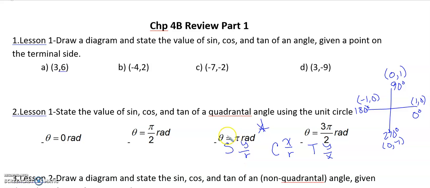Okay? So for 180 degrees, or pi radians, the sine would be y over radius of 1. So 0 over 1, which makes sine 0. Our cosine would be our x value over 1, which gives us a cosine of negative 1. And the tangent would be our y over the x value, which gives us a tangent value of 0. So go through and finish the other 3 that are listed here. Okay?